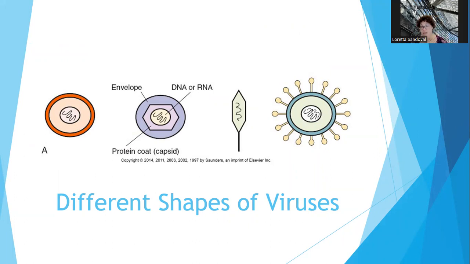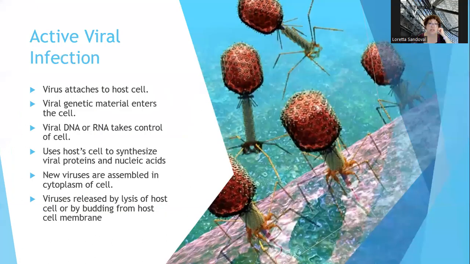COVID-19 is caused by a particular coronavirus, which we'll talk about. But there are lots of other kinds of viruses, and they all have that protein coat, the capsid. They all have some kind of envelope to hold their DNA or RNA, and some way to attach to the cells so they can inject their DNA or RNA into your cell.